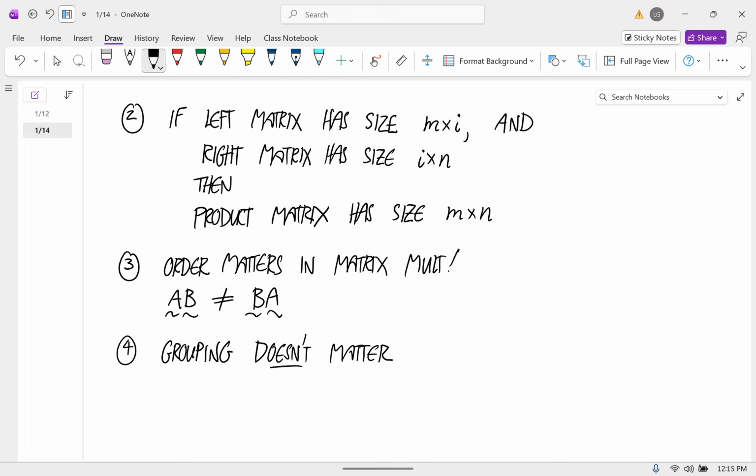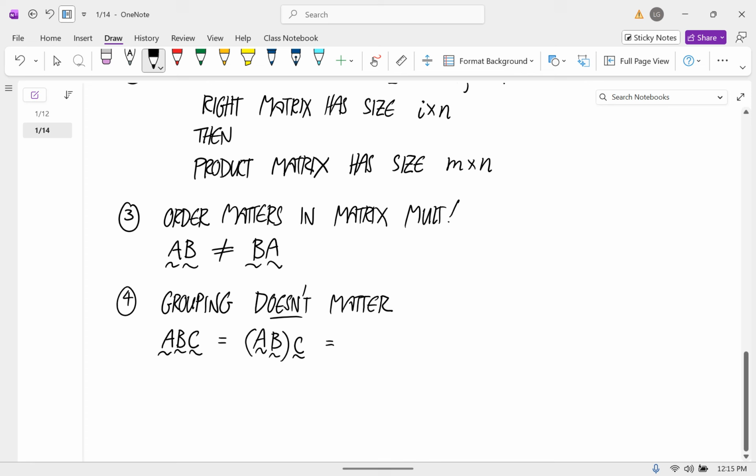And so I'll write that as what we can just call A times B times C. You could calculate that as A times B, and then multiply the product of that times C. Or you could first multiply B times C, and then multiply A to the left.